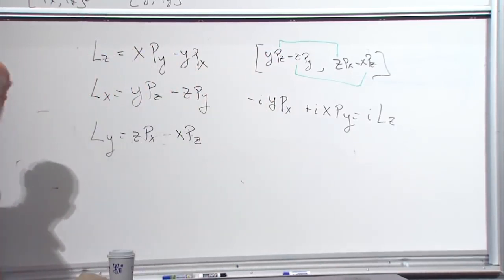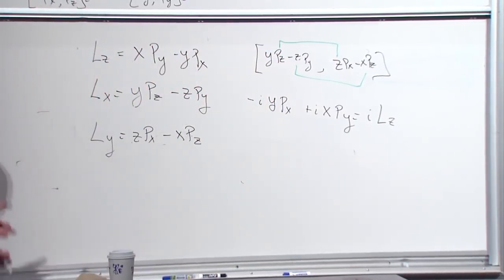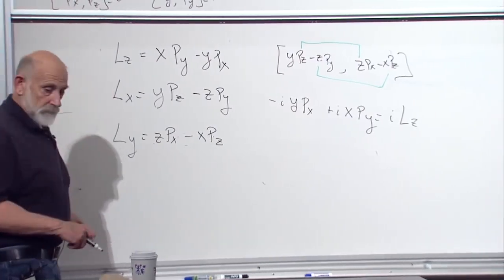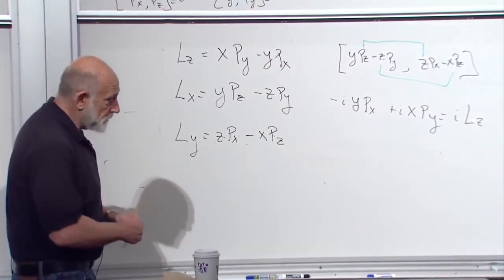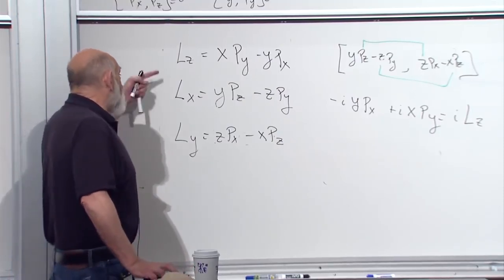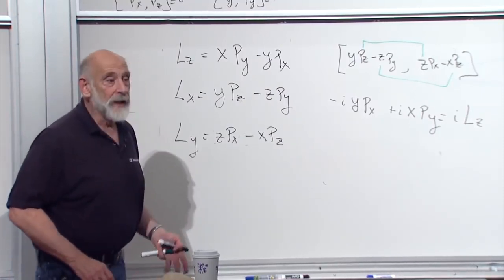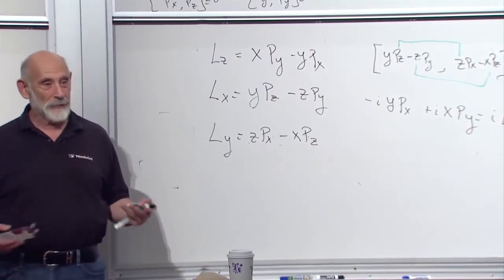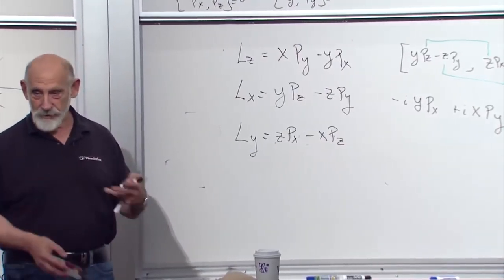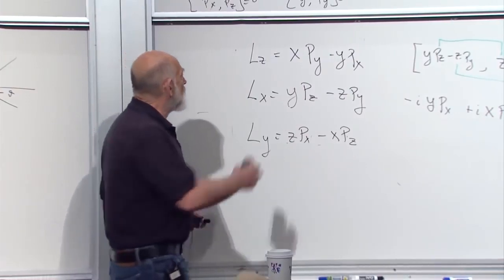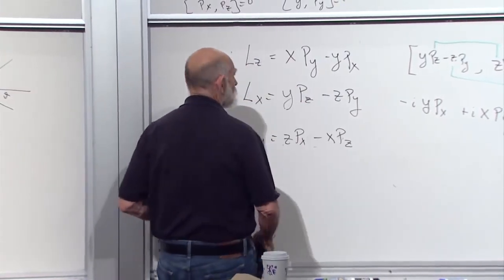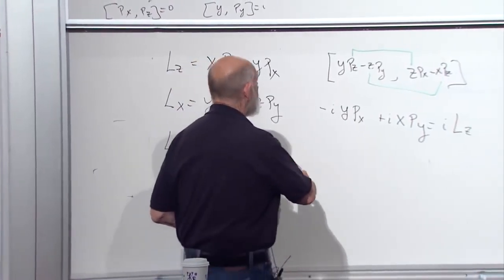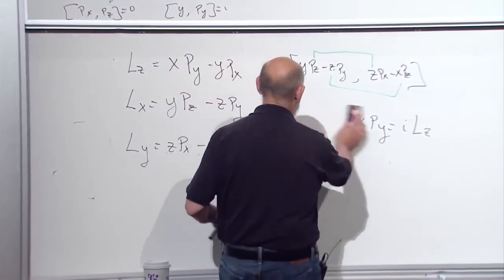Not a big surprise, but nevertheless, we see it before our eyes. And so now we can write down the general list of commutation relations. Notice that by commuting two angular momenta, we got a third one. There's only three. There's no way we're going to get more than three generators out of this sequence of commutations. And so the Lie algebra is just going to be the Lie algebra of the three components of the angular momentum. Let's write it down.